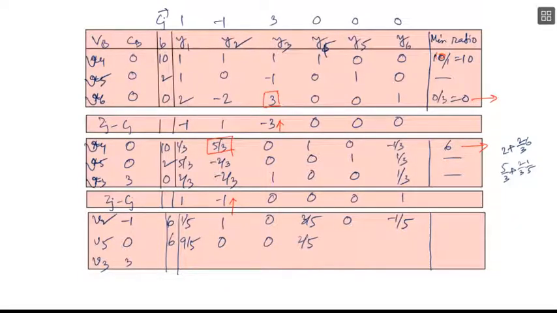It is 1, and the last one will be 1/3 plus 2/3 into minus 1 by 5. That is 1/3 minus 2 by 15, 5 by 15 minus 2 by 15.